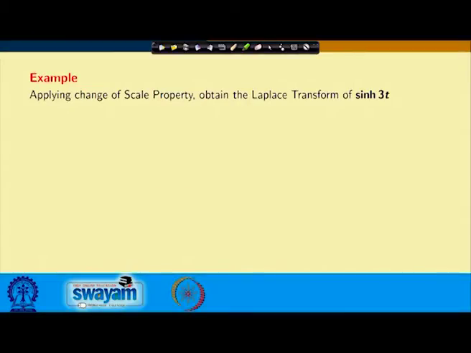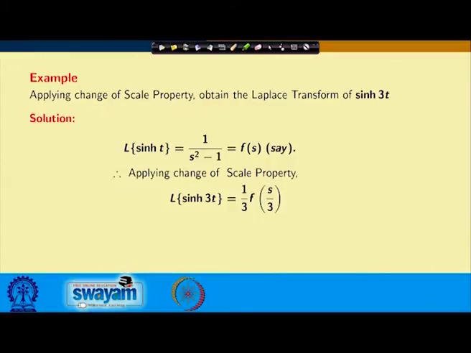The first one is applying the change of scale property: find the Laplace transform of sinh 3t. As you know, the Laplace transform of sinh t is 1 by s square minus 1, so that is F of s. Therefore, applying the change of scale property, the Laplace transform of sinh 3t is 1 by 3 into F of s by 3.